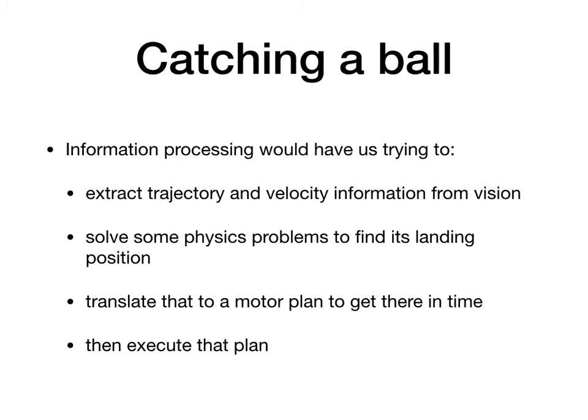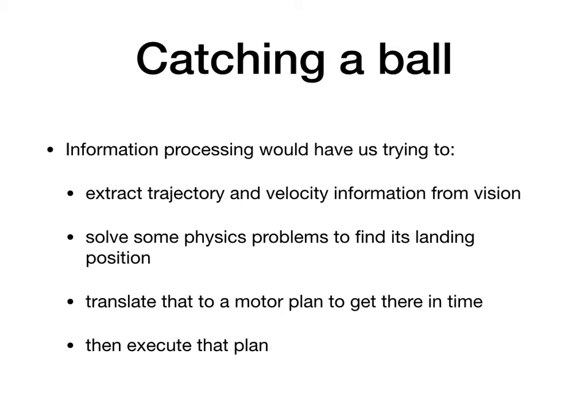So in the information processing world, we might do something like the computational governor. We would say, oh, I'm going to have to process this ball's movement. I'm going to have to infer its trajectory arc, and try to get velocity information from vision. I'm going to try to do some complicated physics and solve its landing position.